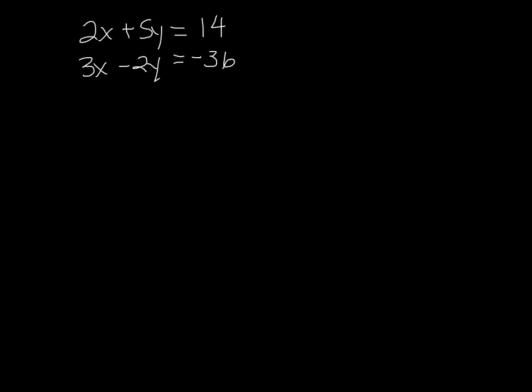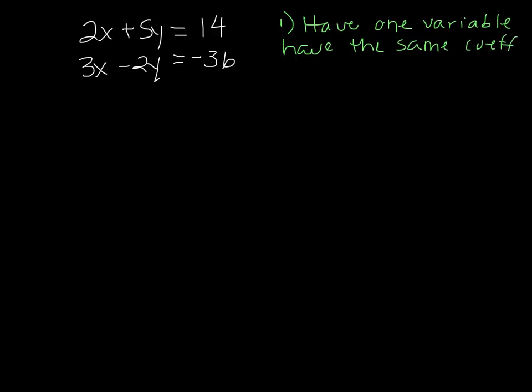So in this problem, remember that our first step is to have one variable have the same coefficient with different signs. So we already have the different signs part down with the y's.